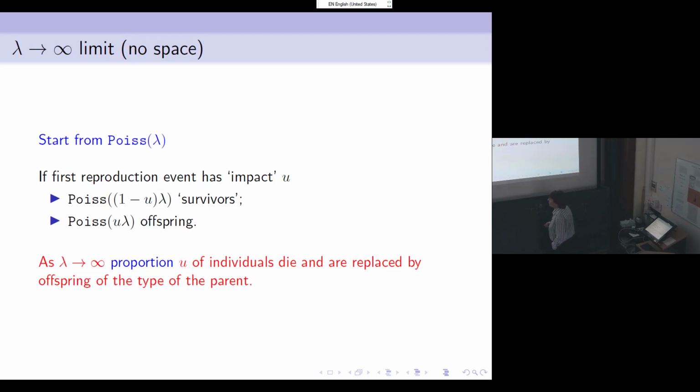Now, one of the many nice things about Poisson processes, they're the main reason we do probability, because they are so nice, is that the variance of a Poisson is equal to its mean.